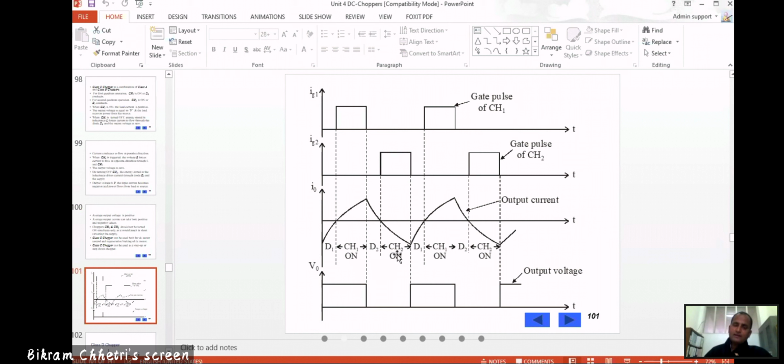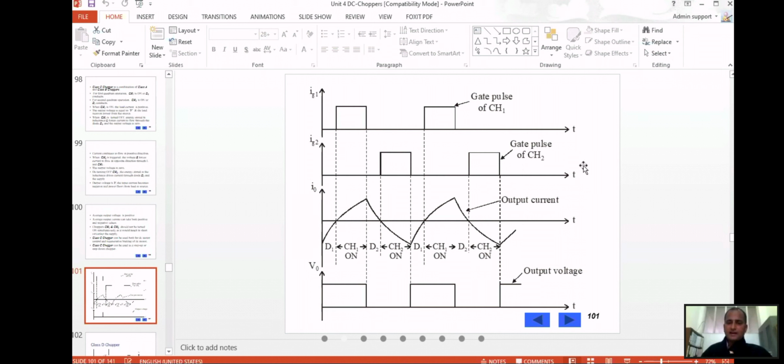Similarly, then CH2 will conduct. So this is the output voltage. The output voltage will be from this point to this when CH1 is operating. Based on this, the same thing will continue. And these are the pulses given, gate currents IG1 and IG2. These are the gate current pulses given to the thyristors or SCRs.